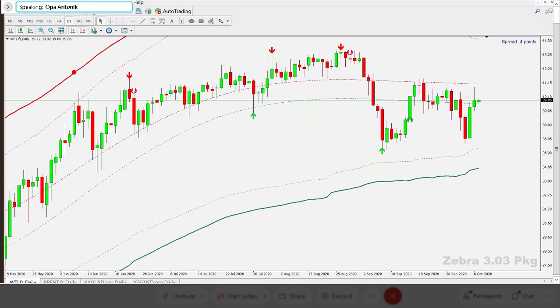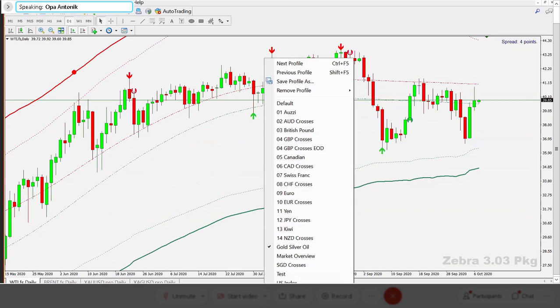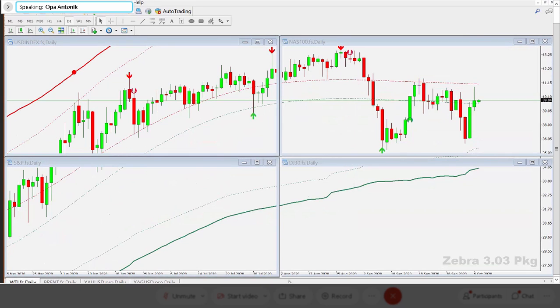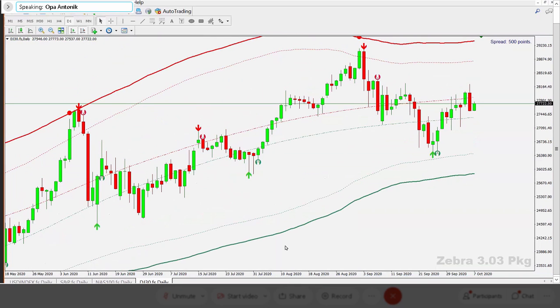All right, so now let's go ahead. Here's the US indexes. There we go. All right, what do we got here? Here is the Dow Jones.